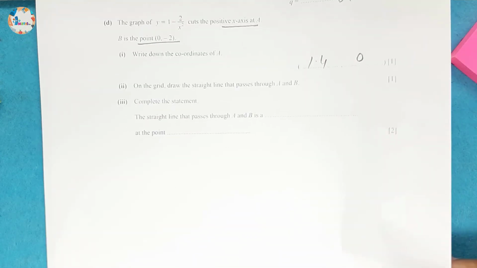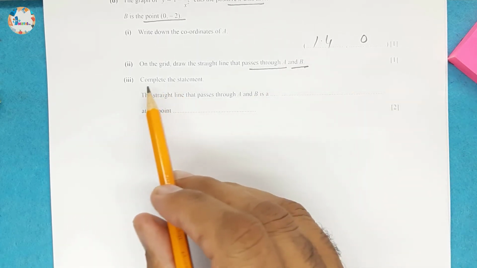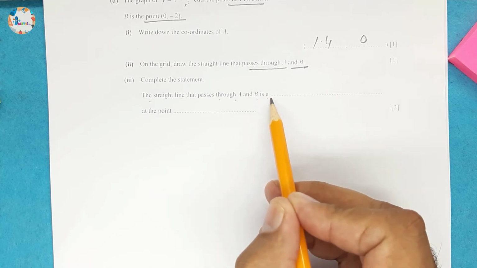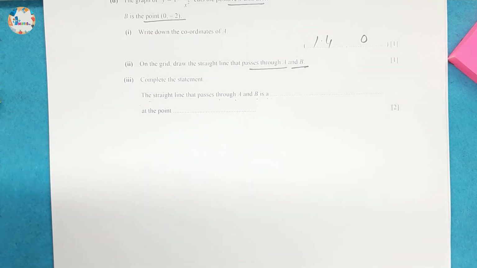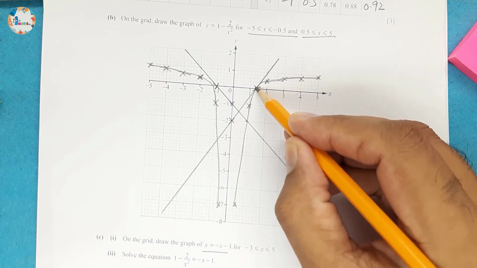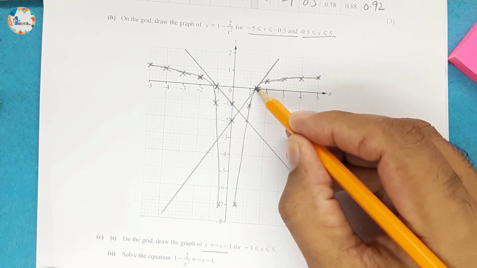So on the grid, draw the straight line that passes through A and B, which we have drawn. Complete the statement. The straight line that passes through A and B is basically tangent to the curve. Basically this is tangent to the curve at this point, which is 1.3 and 0.